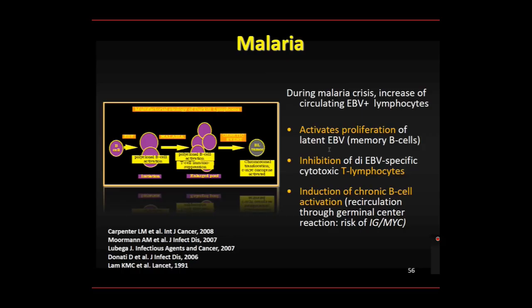We have a chronic condition, and cytotoxic T cells are chronically inhibited by the process. So, once more, the immortalized B cell clone, the EBV clone, has lost control from T cells. And generally speaking, malaria will give a chronic stimulation to our B cells, favoring re-entering the germinal center and possible occurrence of genomic lesions.